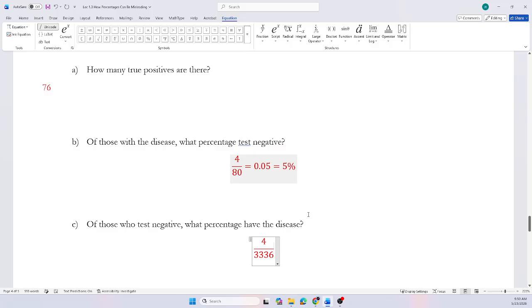So 4 divided by 3,336. That's going to come out to 0.0012, roughly speaking. It's rounded. So that would come out to roughly 0.12%. So less than 0.5%. So very, very, very small number of people who test negative actually have the disease.